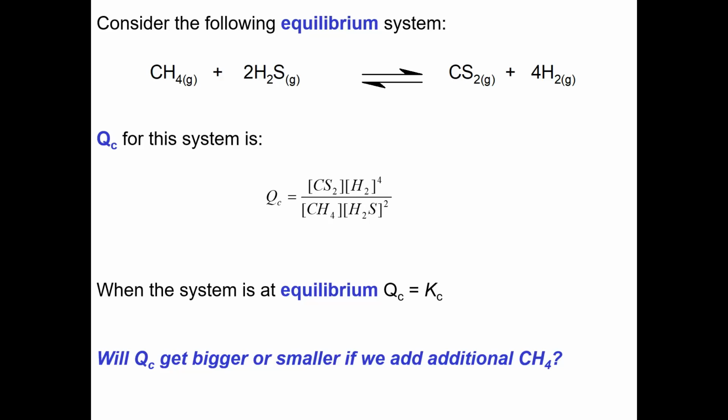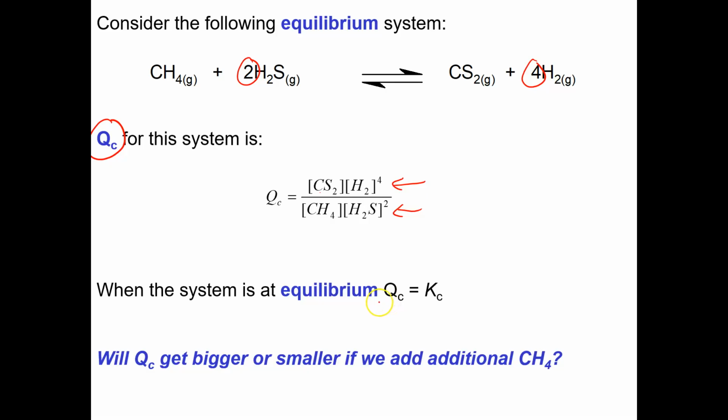Let's look at this reaction here. We have methane reacting with hydrogen sulfide to give carbon disulfide and hydrogen gas, and we could write Qc for this system like so. We just have our products over our reactants, and everything is raised to the power of the stoichiometric coefficients.